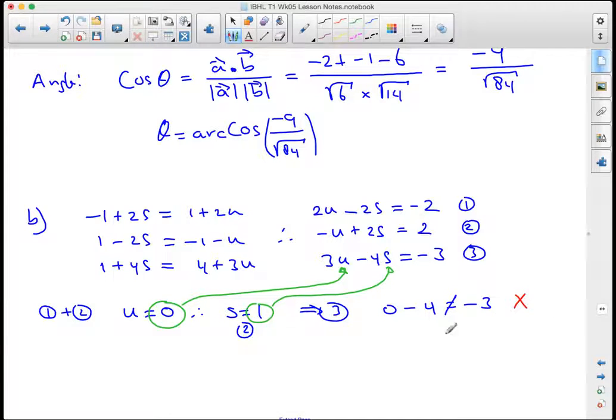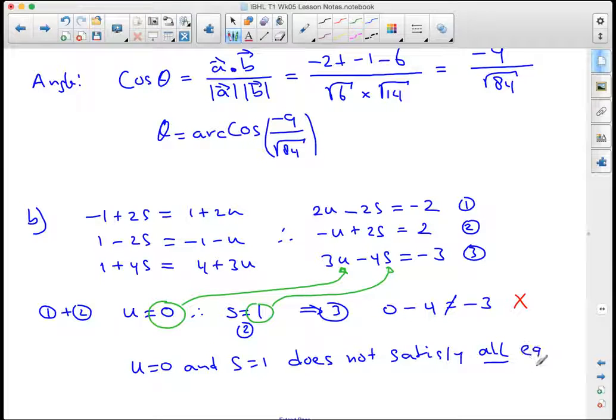So our solution, u equals 0 and s equals 1, does not satisfy equation number 3. So therefore, there's no point of intersection.